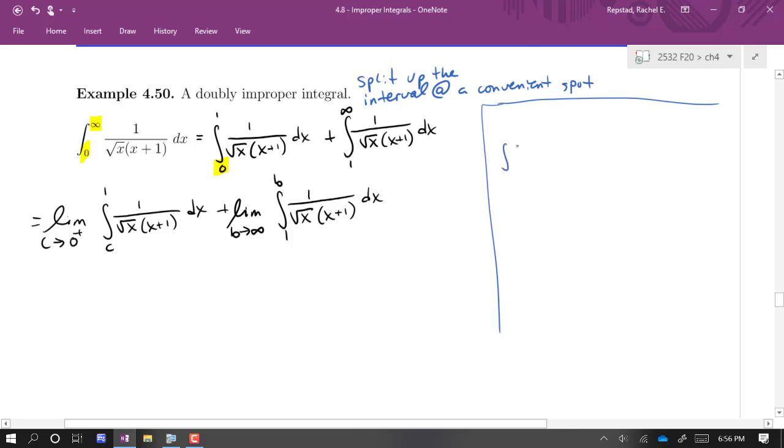We're looking at 1 over root x times x plus 1. This can be done if we let u equal the square root of x, or I'll write it as x to the 1/2 power. And if u is x to the 1/2 power, then du is 1/2 x to the negative 1/2 power.